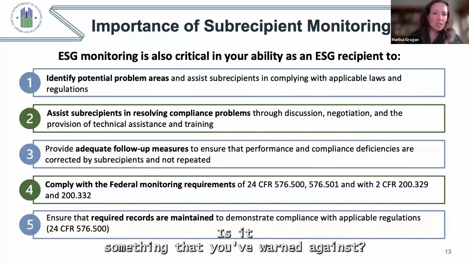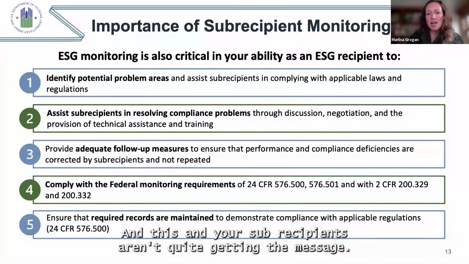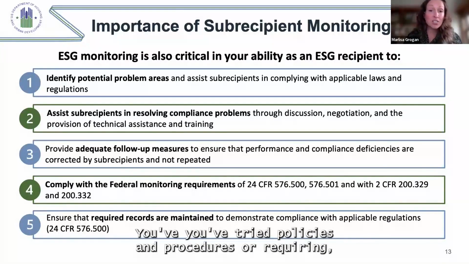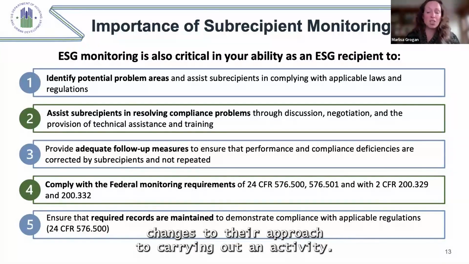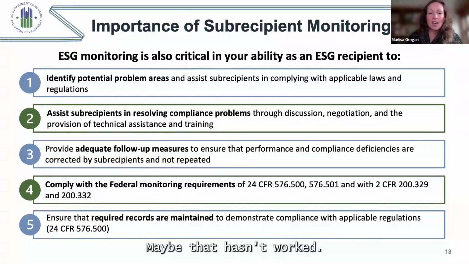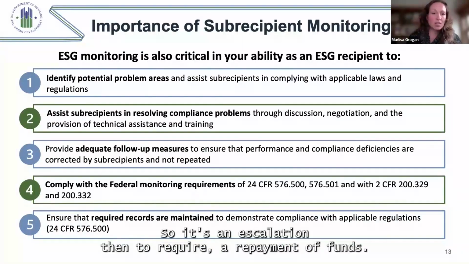Is it something that you warned against, and your subrecipients aren't quite getting the message? You've tried policies and procedures or requiring changes to their approach to carrying out an activity. Maybe that hasn't worked, so it's an escalation then to require a repayment of funds.